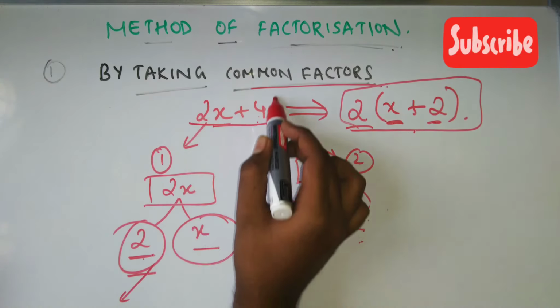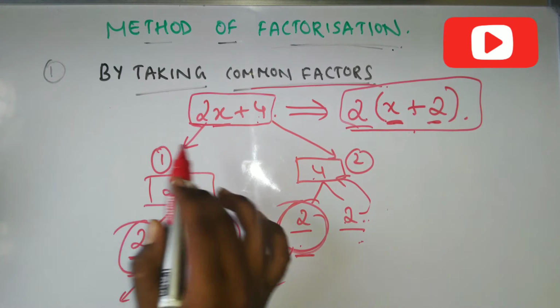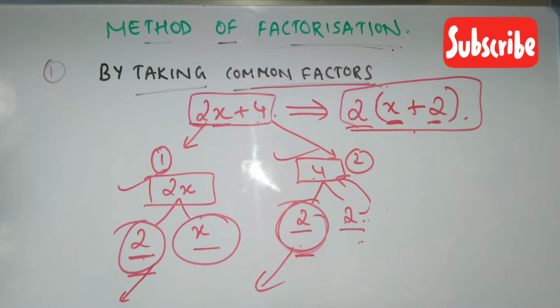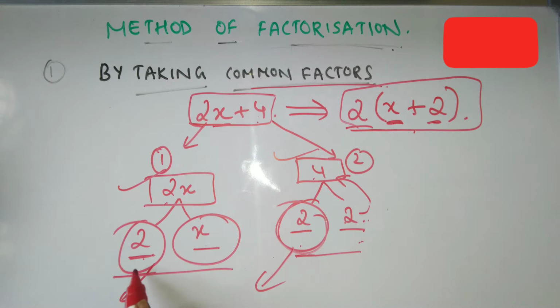So we'll revise it. First step is to find the terms in the algebraic expression given. Then you have to find the factors, from which you take any common factors. If common factors are there, you have to take them out. Here in this case 2 was the common factor, so I have taken 2 out.